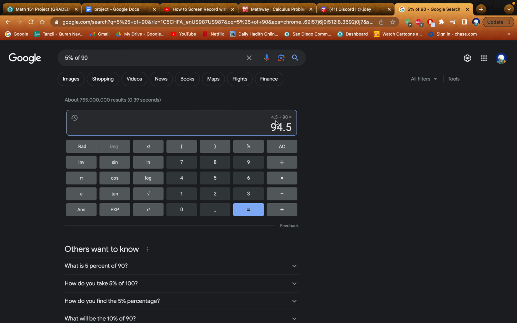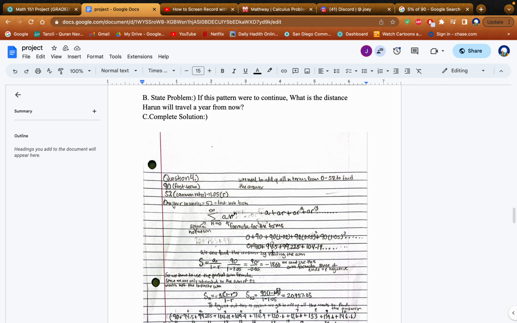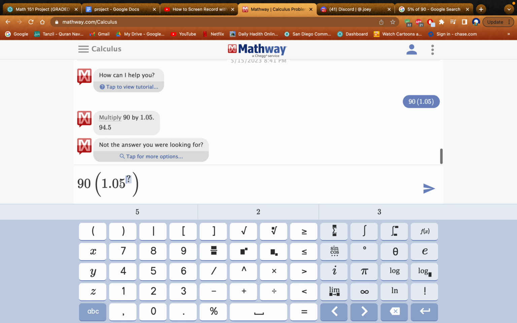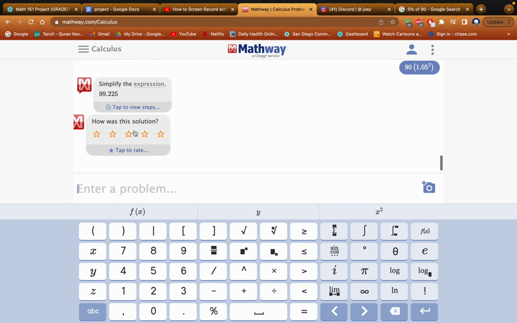And 4.5 plus 90 is 94.5, which is what we got. But will it continue in that same way? So just the power of 2, 99.225 is what we get next.